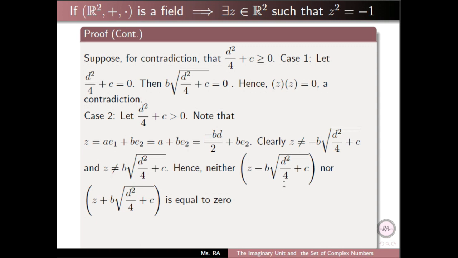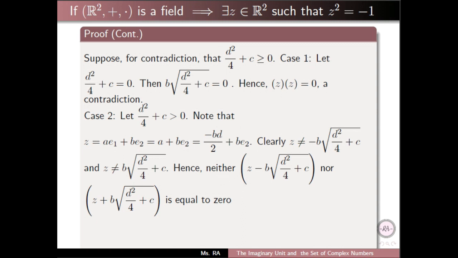So since this is not equal, z is not equal to minus b times the square root of d squared over 4 plus c, nor this one, nor z is equal to b times the square root of d squared over 4 plus c. Neither of these two is equal to 0.